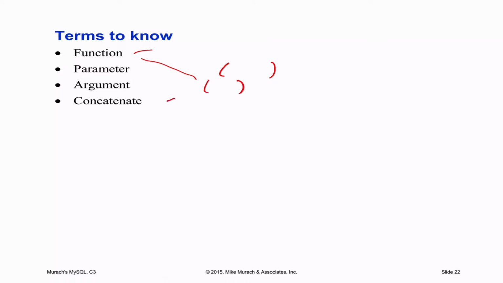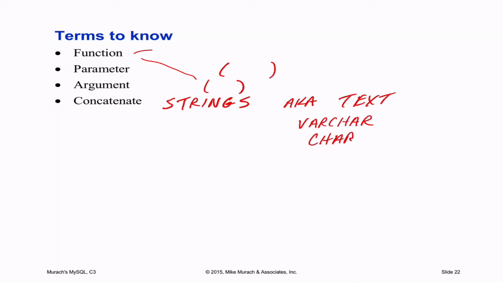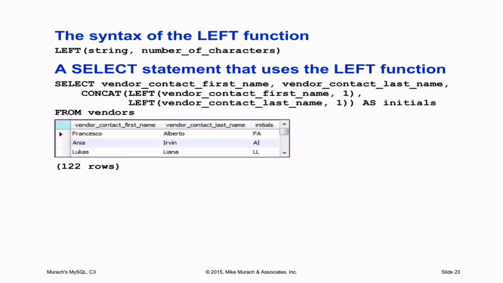Concatenate we use with strings, also known as text, or in MySQL language, typically these will be columns that are identified with something like varchar or char, however you want to pronounce that. That stands for variable character or character, and that's usually how string data is stored in the table, as a varchar or char.